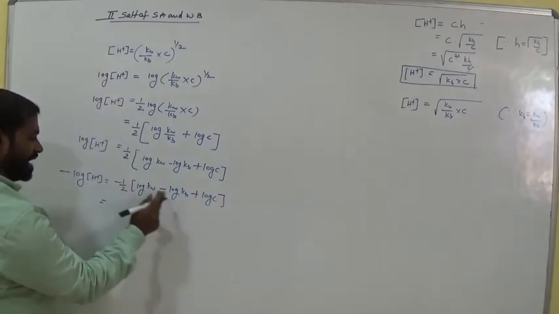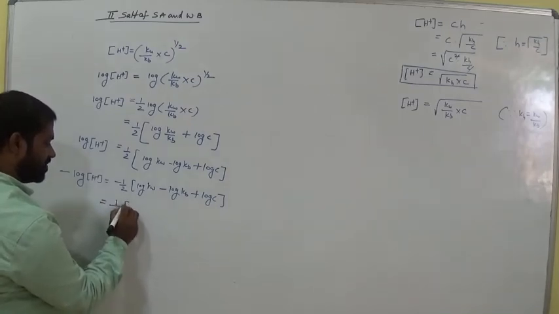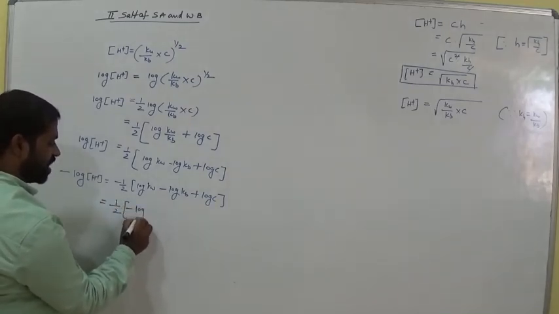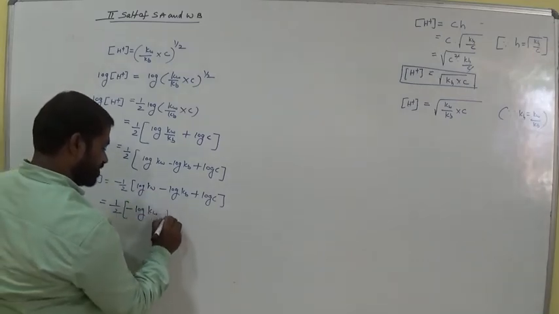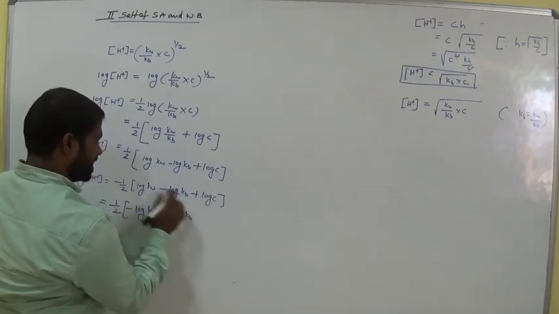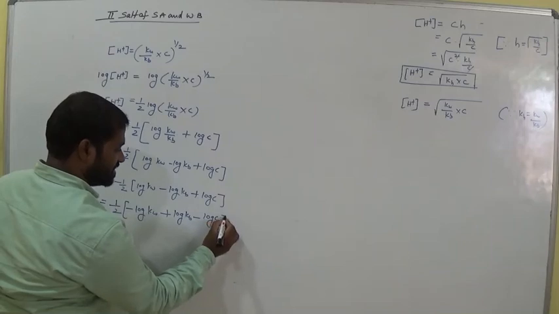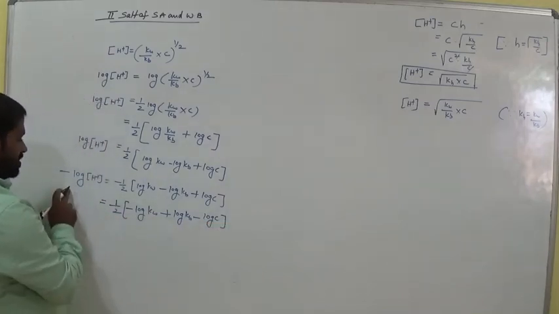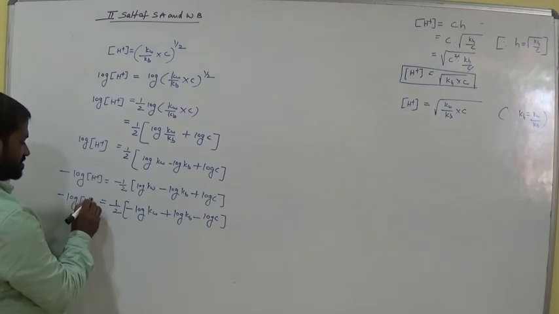Now expand the minus into the square bracket: minus log KW, minus of minus log KB, minus into plus, minus log C, that means C. This is minus log H plus.